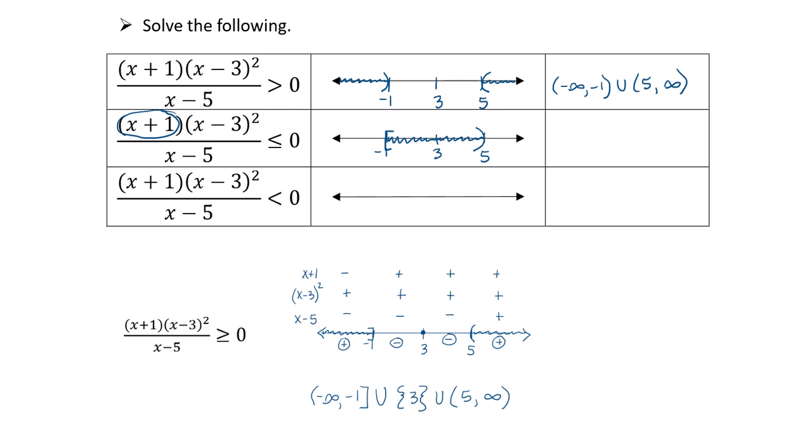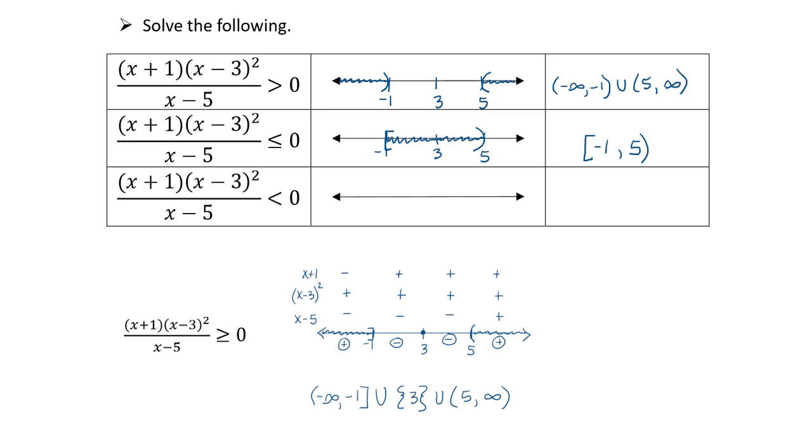Now, we don't have to mention 3 because it's already included in the set from negative 1 to 5. So this changes our solution set quite a bit. From negative 1 inclusive to 5 not including the 5. Again, there's no need to mention the 3. It's already included in this set.